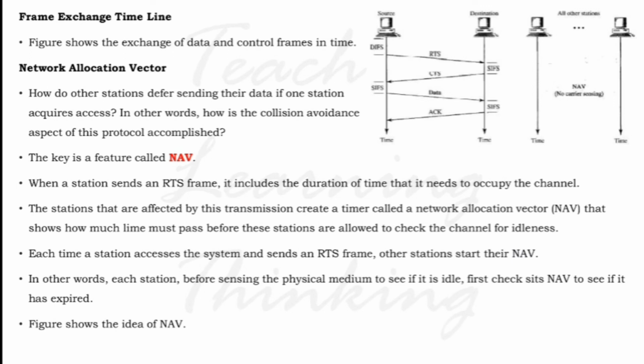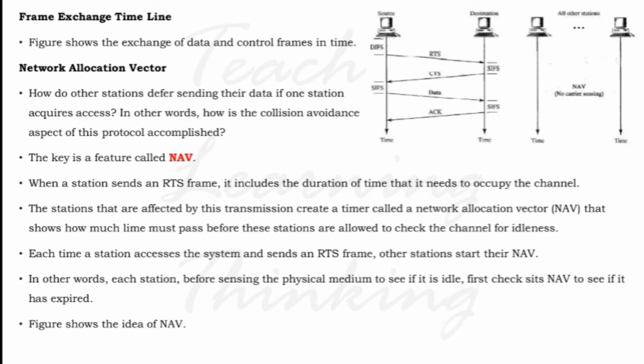Each time a station accesses the system and sends the RTS frame, the other stations start their NAV. In other words, each station, before sensing the physical medium to see if it is idle, first checks its NAV to see whether it has expired or not.